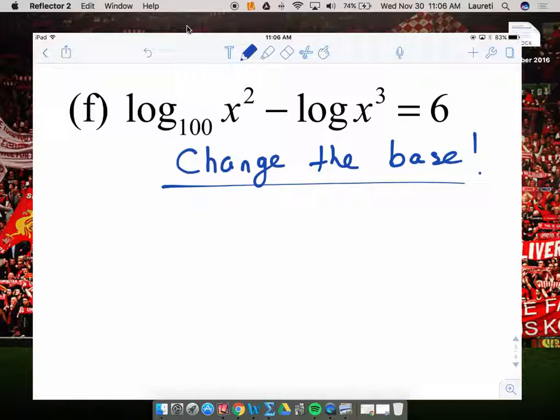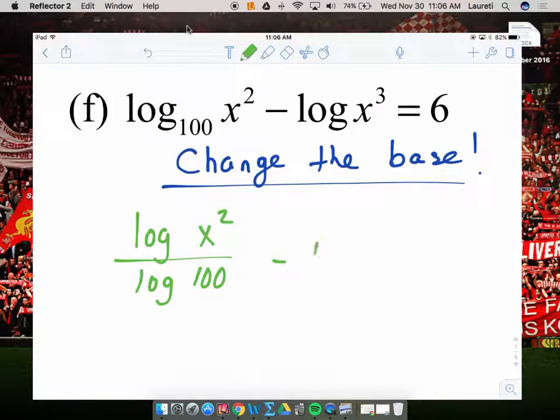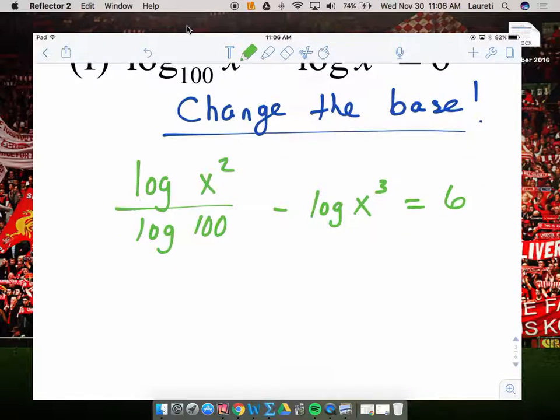So if I change the first term to be log base 10, you take log of what you're taking the log of over log of the old base. So log of 100 is going to give me what? 2, right? So you have log of x squared divided by 2. Now what can I do with that 2? Since I'm dividing by 2, I'm really multiplying by 1/2, right?